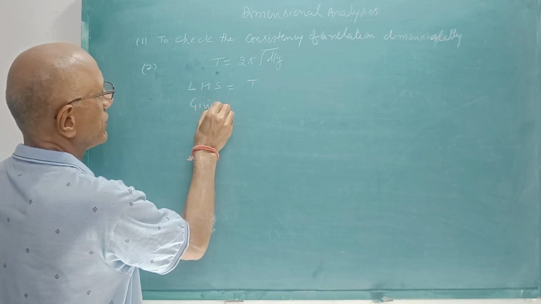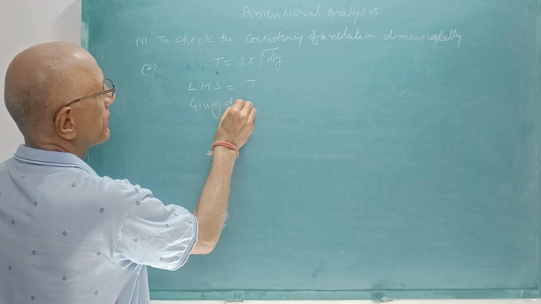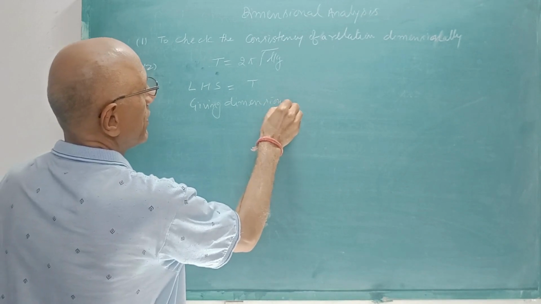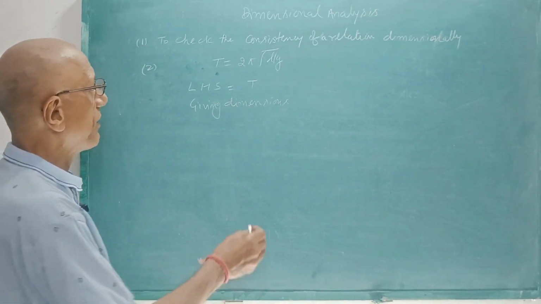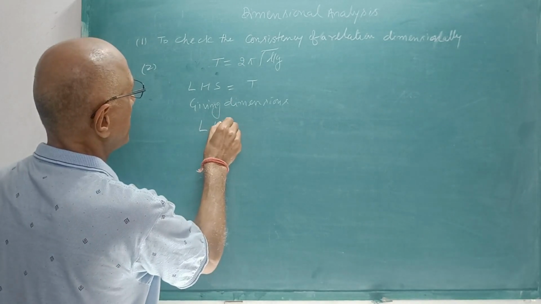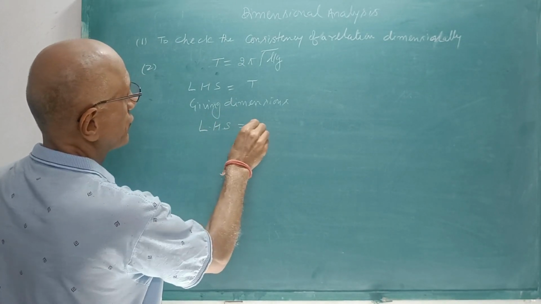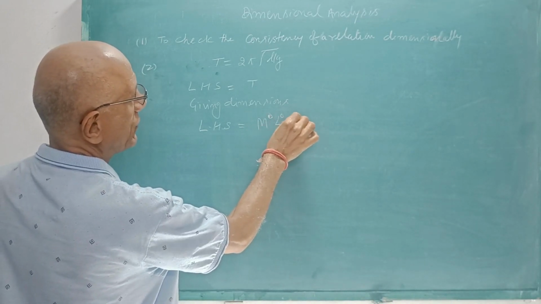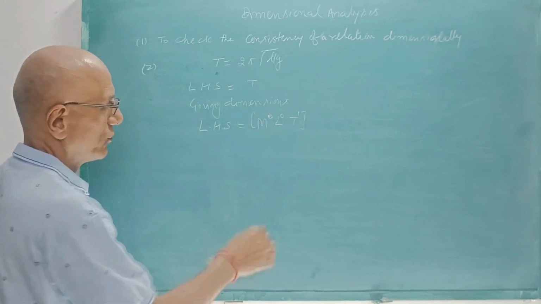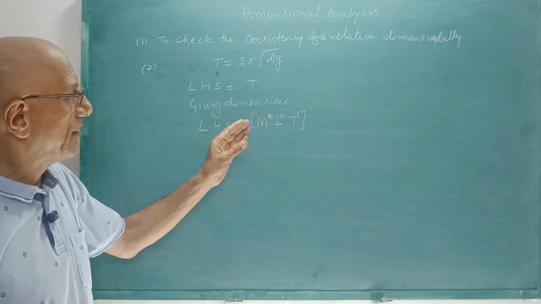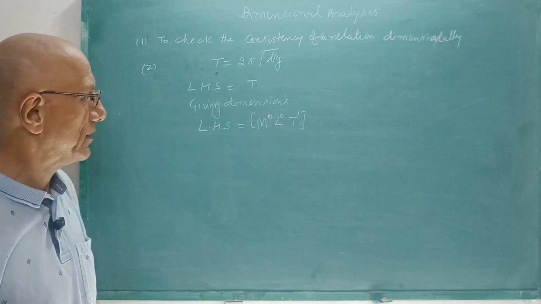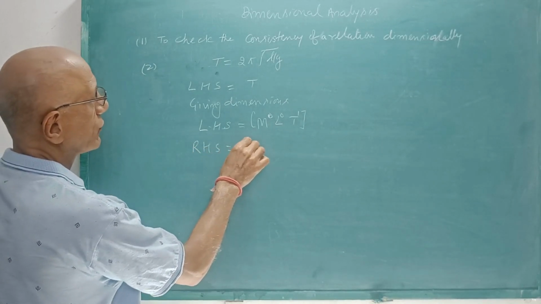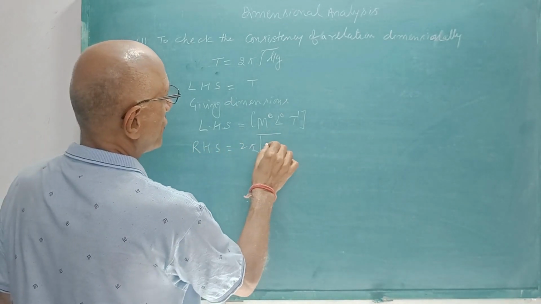Again, in a similar way, first of all we take the LHS, that is equal to t. Now giving dimensions, the dimension of the time period is M0 L0 T1. So our left hand side will be M0 L0 T1.